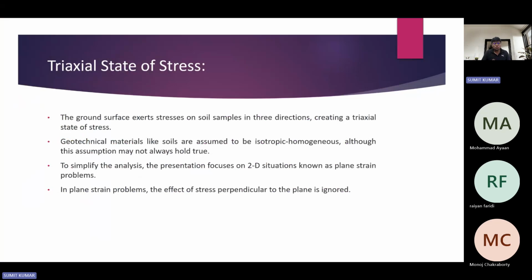Obviously, we say that soil is homogeneous and isotropic, but this is only an assumption. It is not practically true, but these assumptions hold good in most cases. For the stress or strength characteristics, we often assume this is more or less accurate in application. Okay.